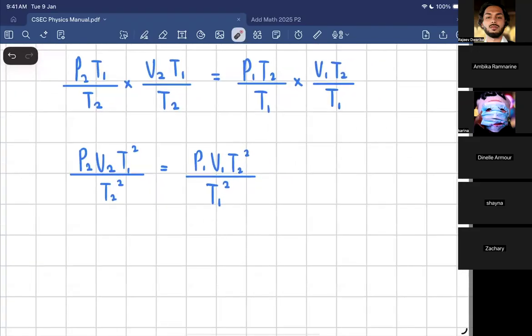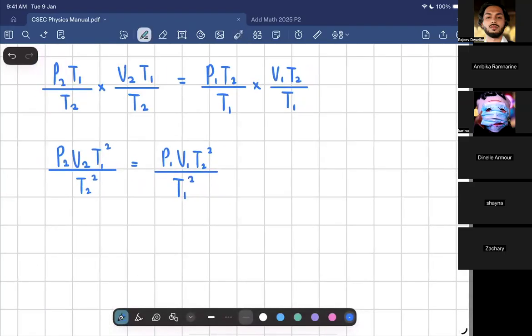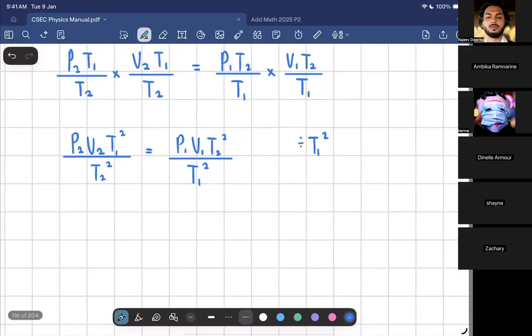So what I could potentially do is divide throughout by T1 squared to cancel this off. But then we're still gonna end up with a square. Let's trust the process and see how it goes. So I'm going to divide both sides by T1 squared.